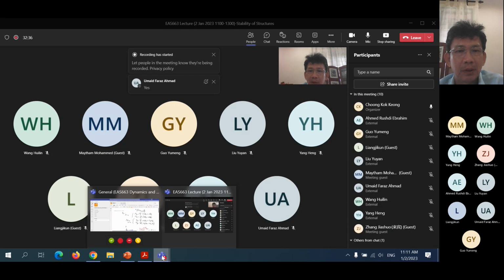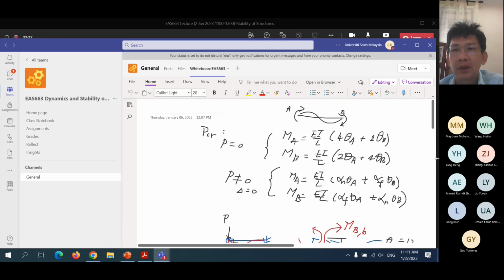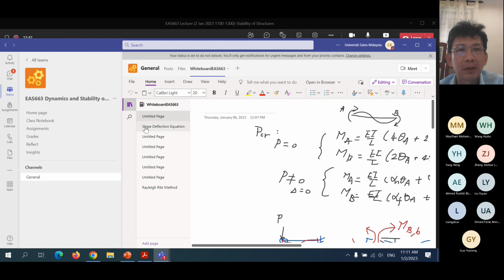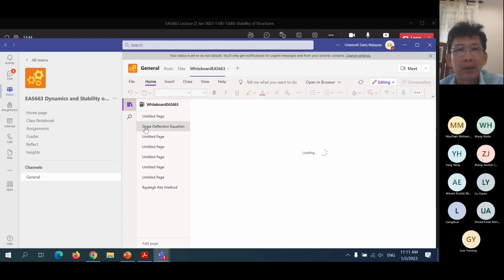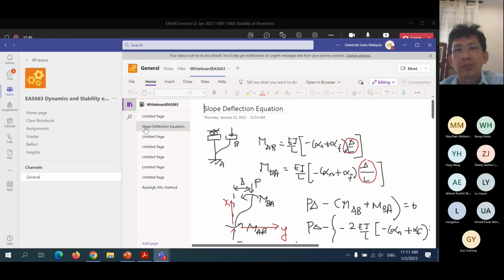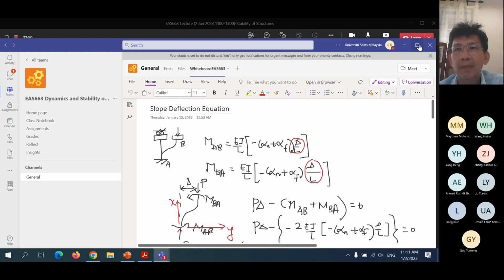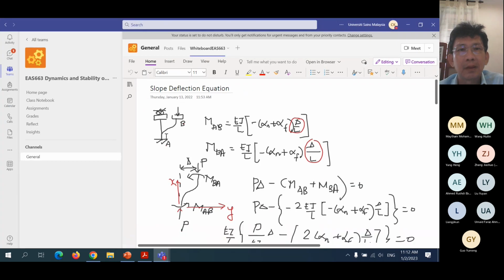Okay, so here I have already written down the solution process. Now here, this is example 2A, where we have end rotations both 0, but there are end translations.